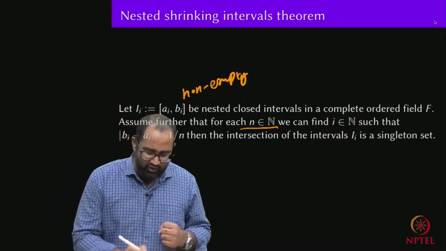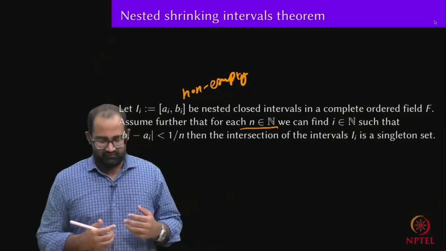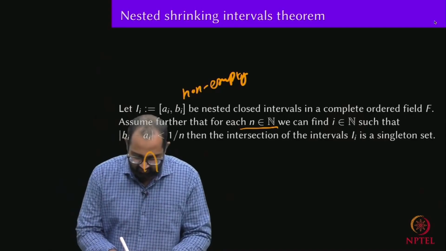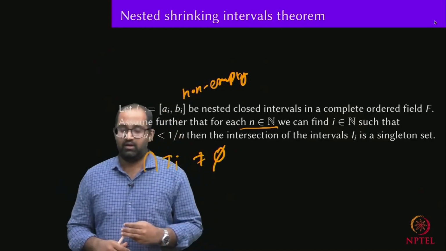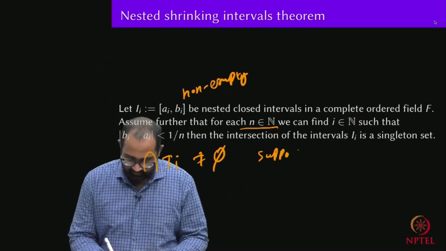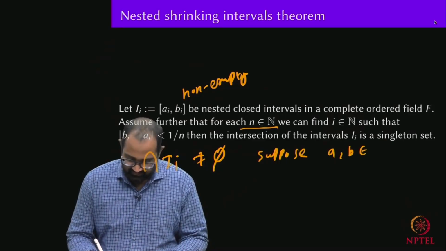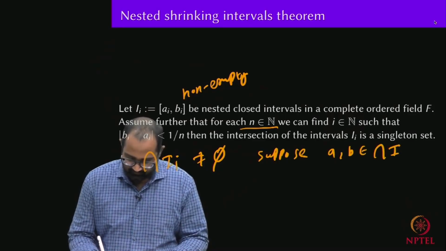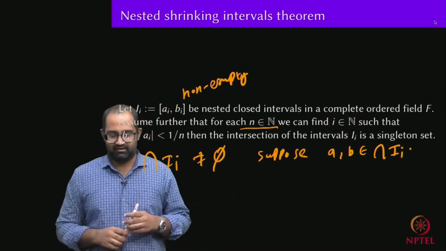Now how do you show this? Well, we already know by the nested intervals theorem that the intersection of the I_i's is non-empty. This we already know, right? Now suppose a comma b are there in the intersection.